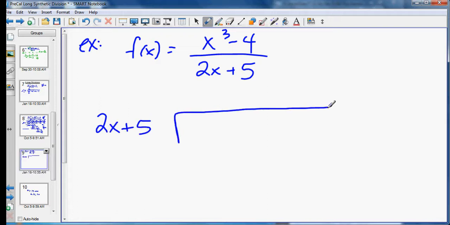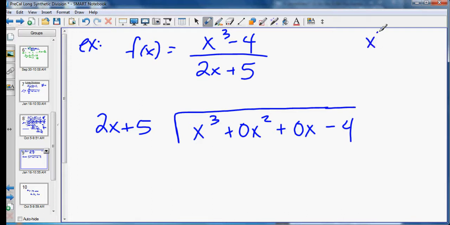So I start by dividing x cubed over 2x. So I can cancel out one of the x's, leaving x squared, but really I end up with a fraction here because it's just 1 divided by 2, so it's 1/2 x squared. So I'll put that right here.